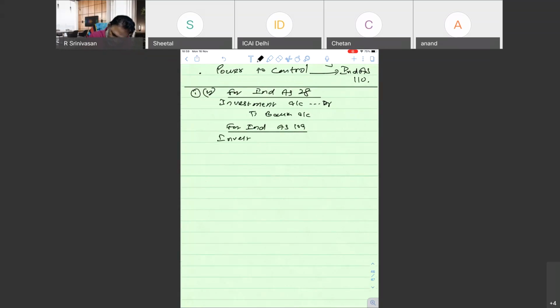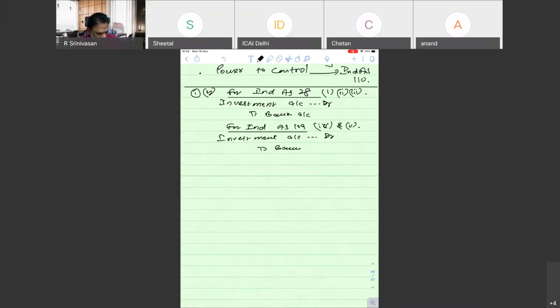Also the same thing, investment account debit. This is the entry we'll be making. So Ind AS 28 is 1, 2, and 3, and Ind AS 109 is 4 and 5.